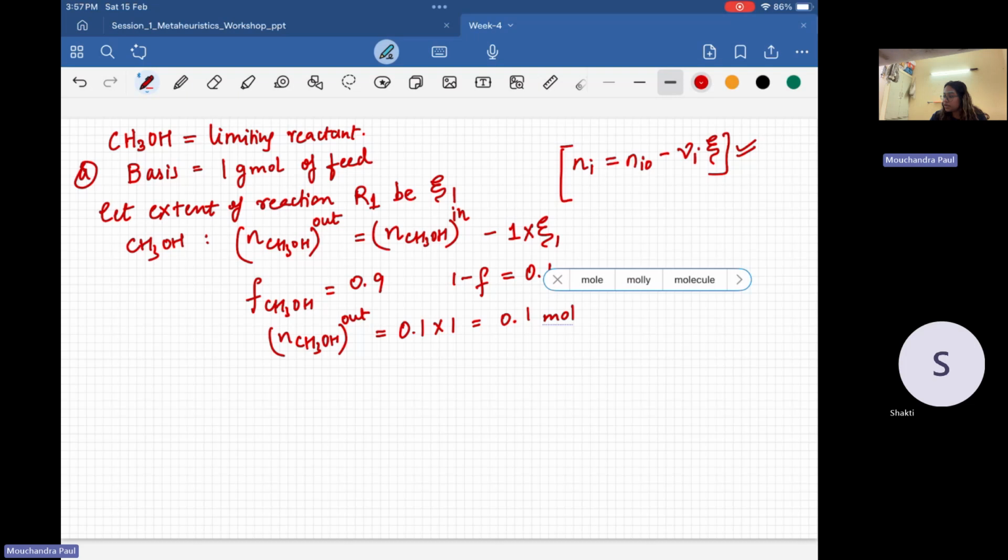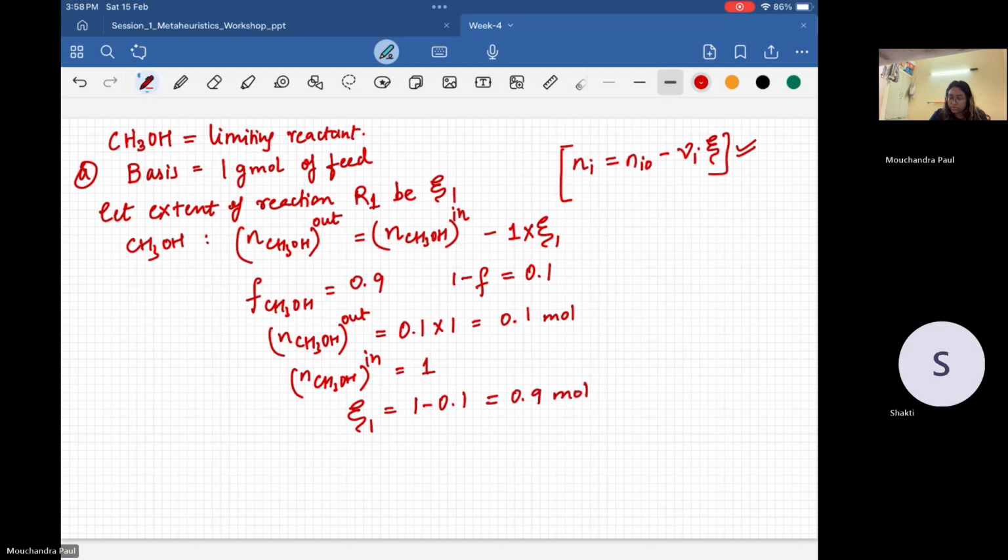How much is going in? It is 1. So the extent of reaction for reaction 1 will be 1 minus 0.1, which is 0.9 moles.